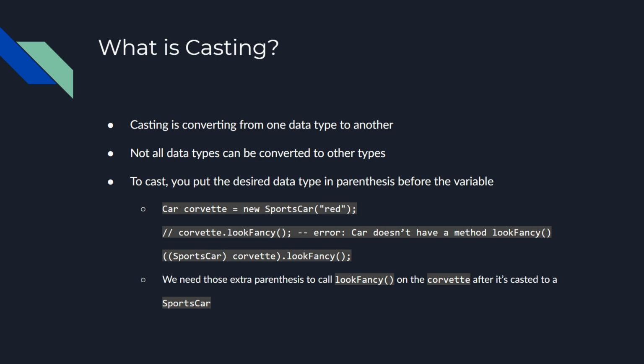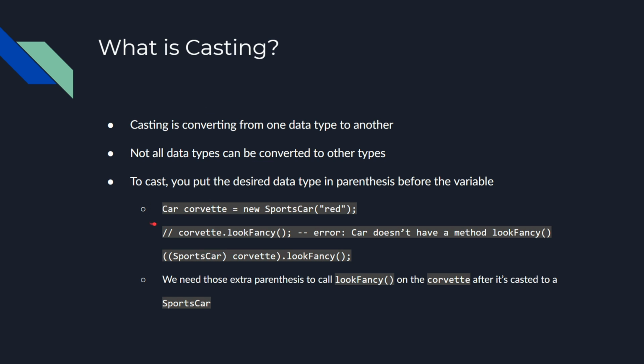For example, I cannot cast a car to an integer. That doesn't make sense. How do you represent a car as just a number? That's not possible. If I tried to do that, I would get an error. However, going from superclasses to subclasses, you can do that if the real object is the subclass.